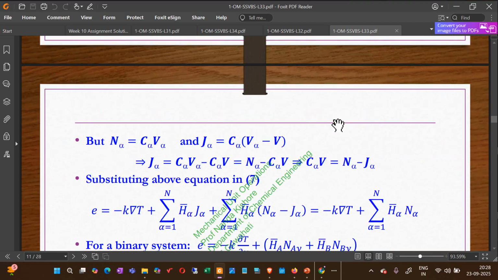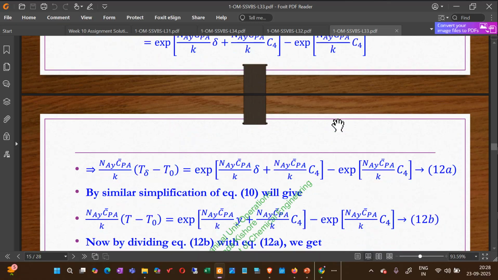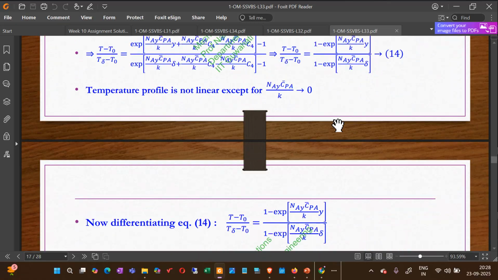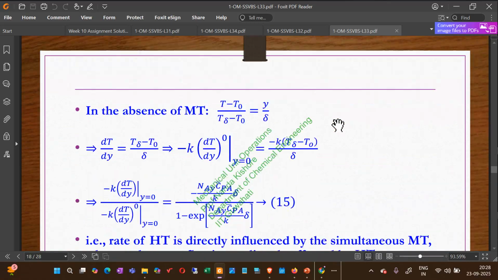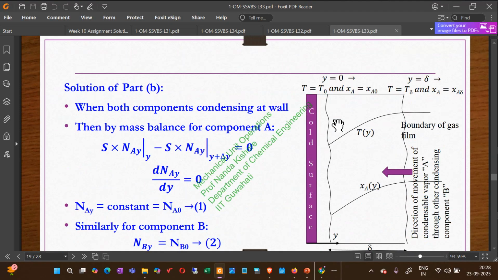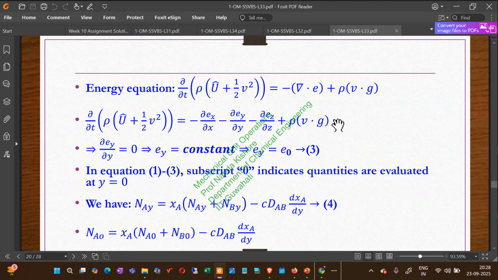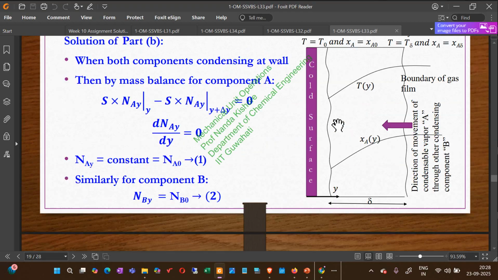And you see how well things were discussed. Each and every step is there, but these are tedious and lengthy. I understand, but the concepts remain the same. So those concepts are the ones that you have to be very thorough with, right?